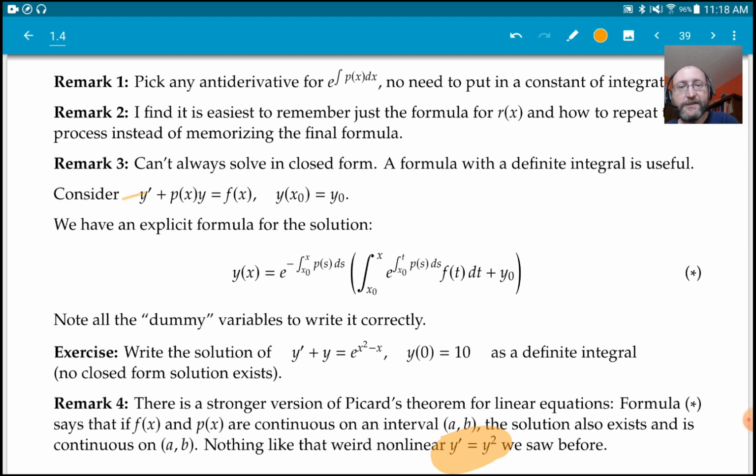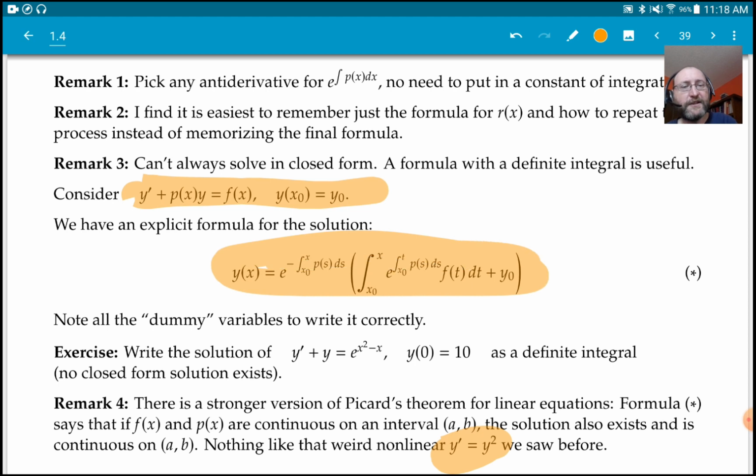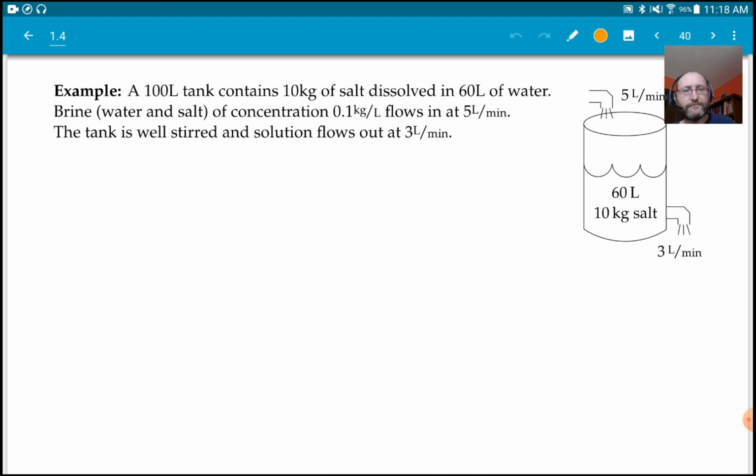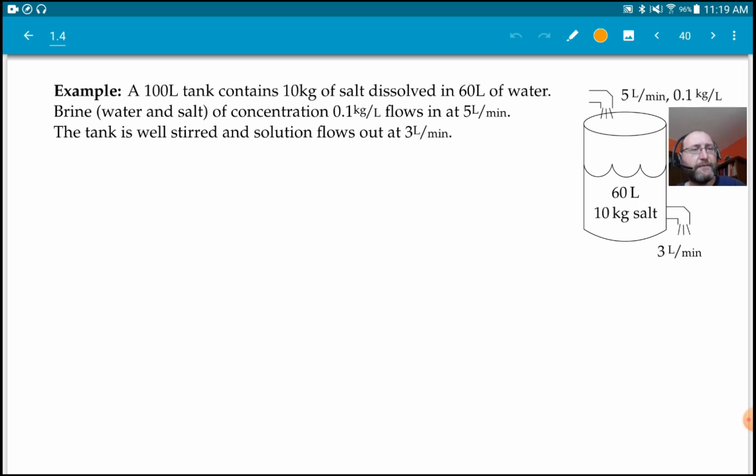For linear equations like this, because you have a formula, you don't have to worry about this thing blowing up, unless P or F blow up, basically.